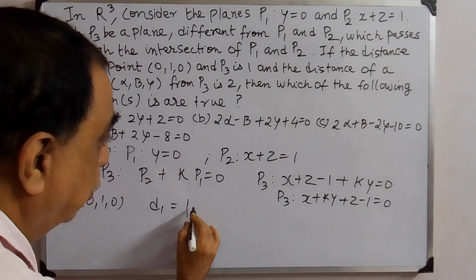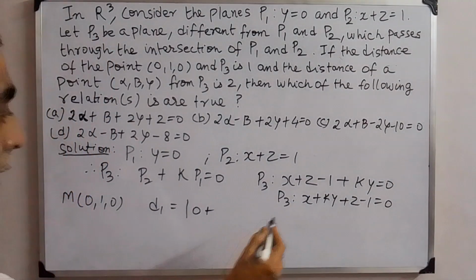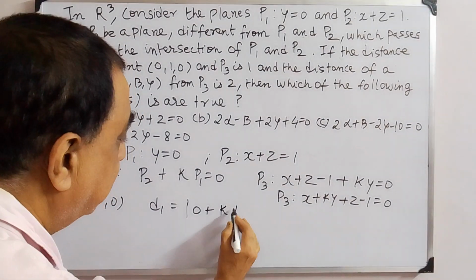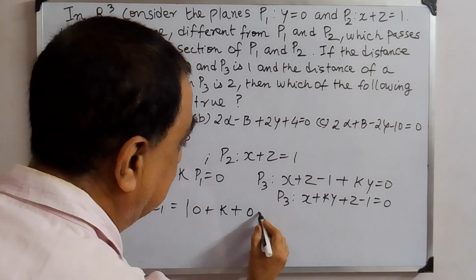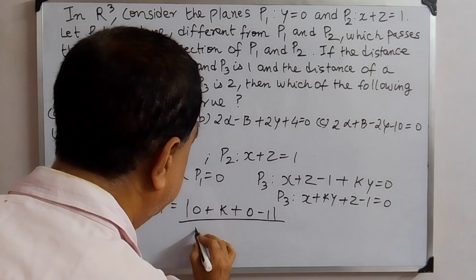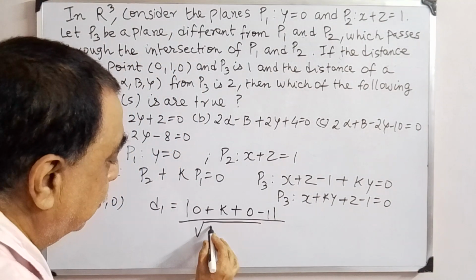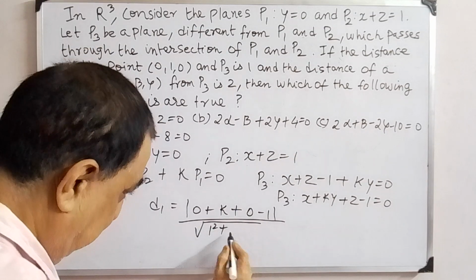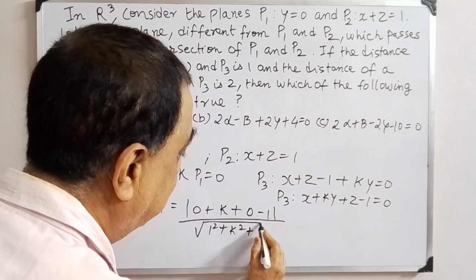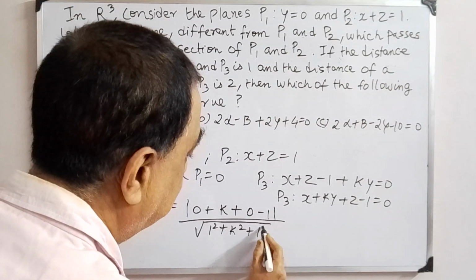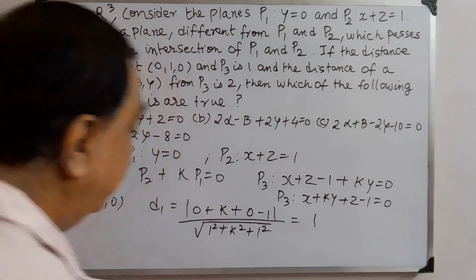So absolute value, in place of x I will put 0, in place of y I will put 1, so k into 1 is k, plus in place of z I will put 0, the coordinates of M, minus 1, divided by the square root of the x coefficient squared. The x coefficient is 1, so 1 square, plus the coefficient of y squared, which is k square, plus the coefficient of z squared, and the coefficient of z is 1, so 1 square. This equals the given distance, 1.